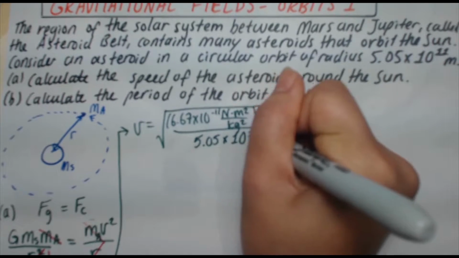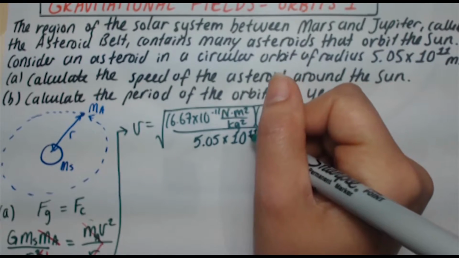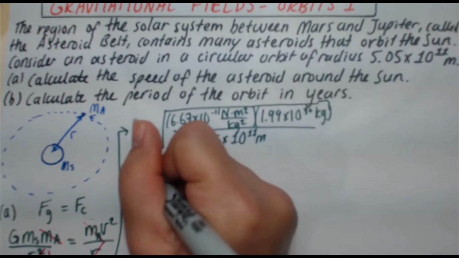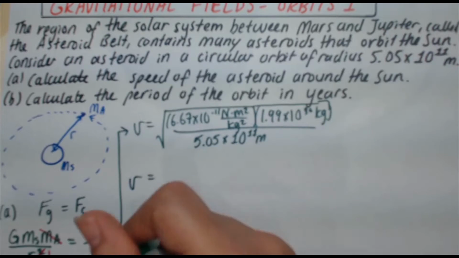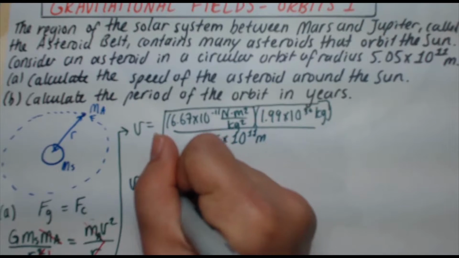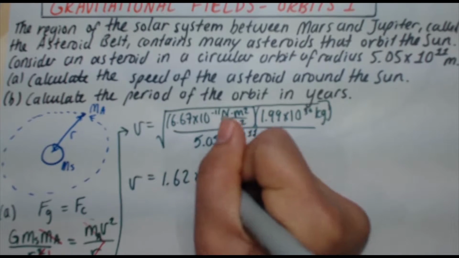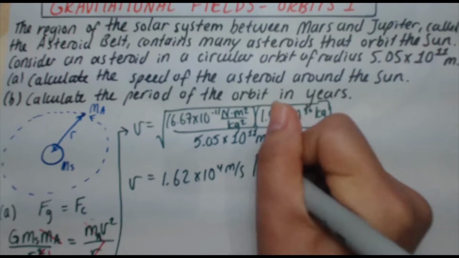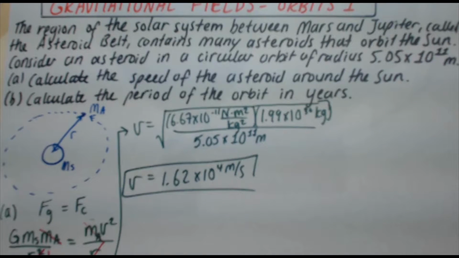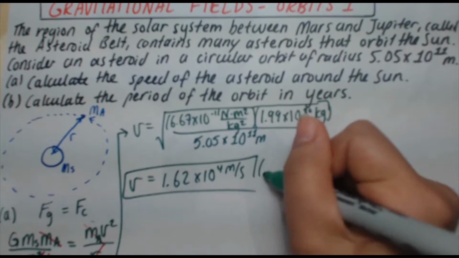The only thing here is to make sure you don't make a mistake punching this in your calculator. When you calculate all this and take the square root, you get that the speed is 1.62 times 10 to the 4 meters per second. That is the speed of the asteroid going around the Sun. That's pretty fast. So there's the answer for part A.